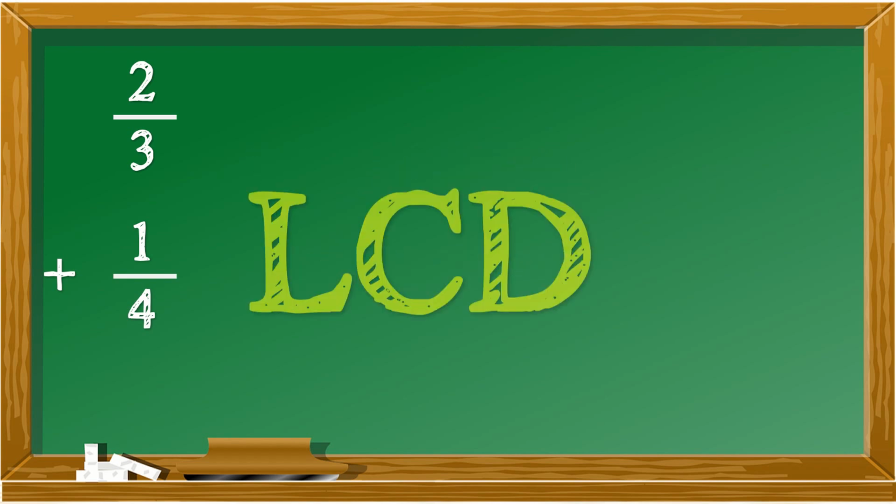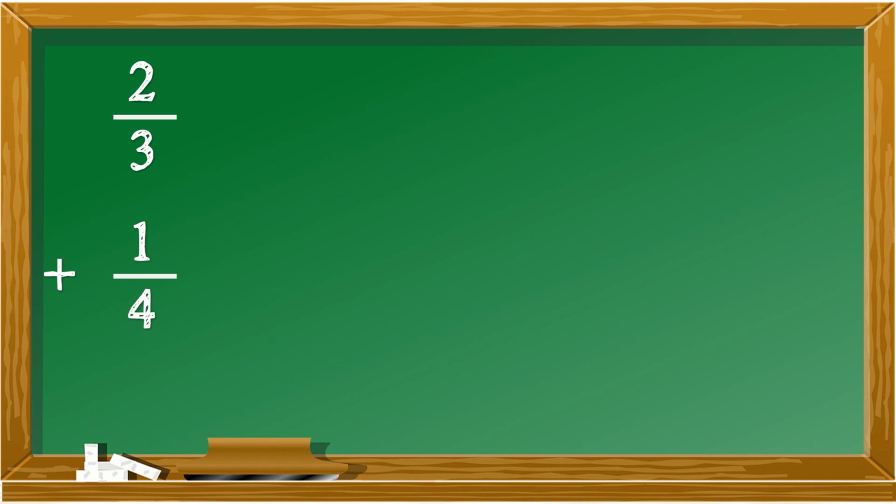First, list down all the multiples of 3 and 4. For 3, we have 3 because 3 times 1 is 3. 6 because 3 times 2 is 6. 9 because 3 times 3 is 9. 12 and 15.